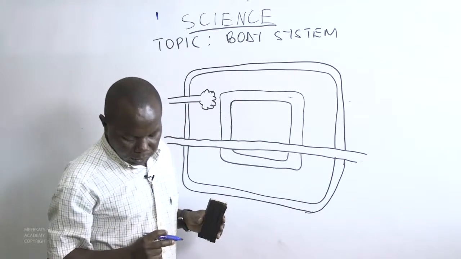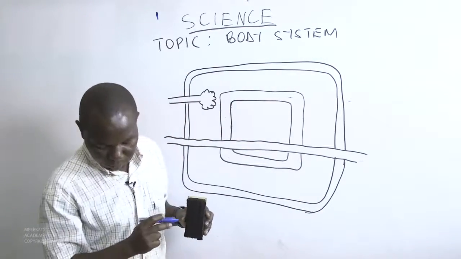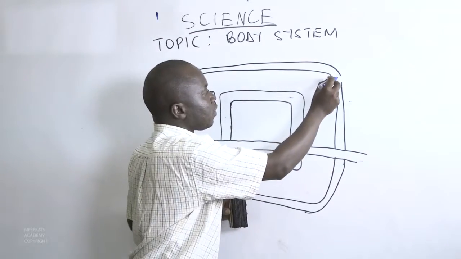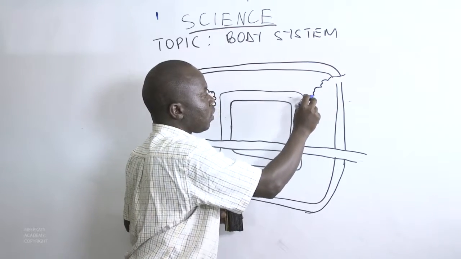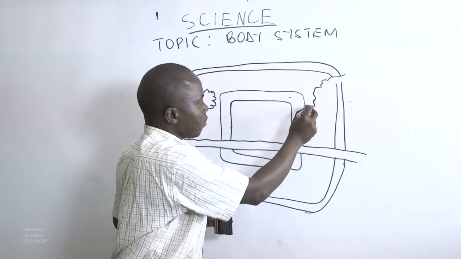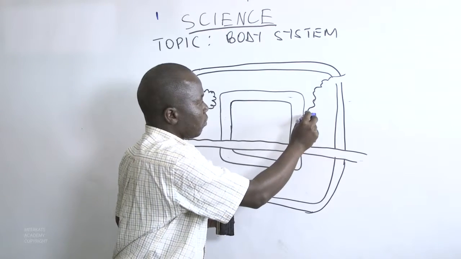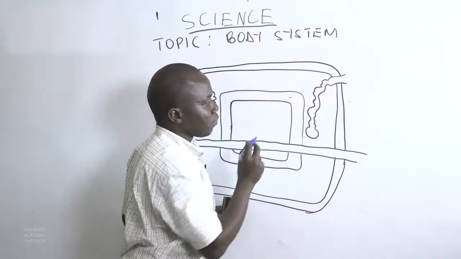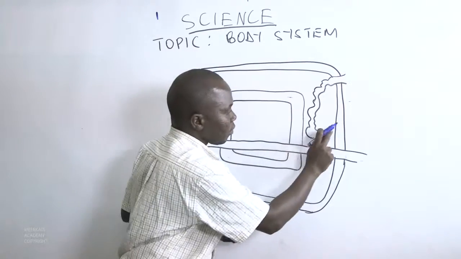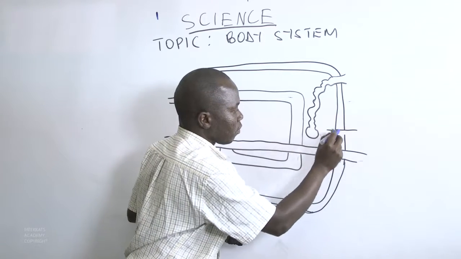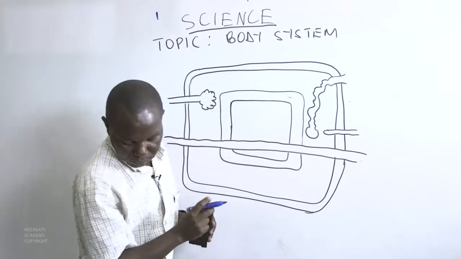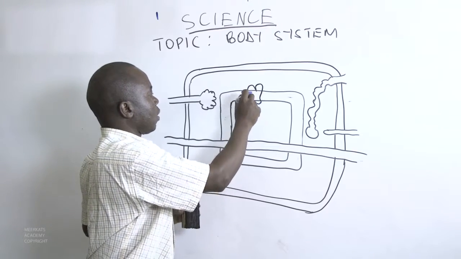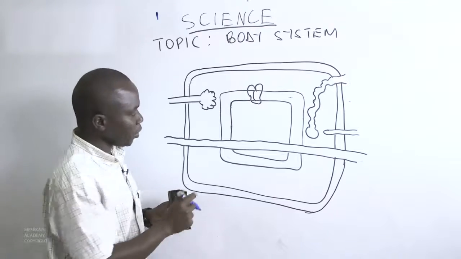So that is a diagram showing several parts. Here is a heart at that point.